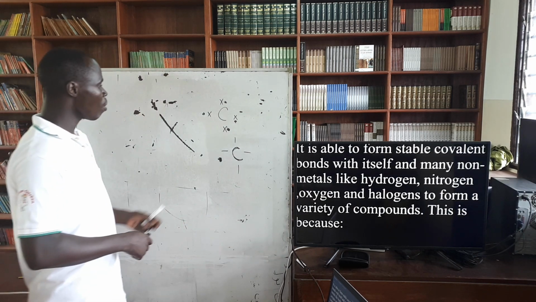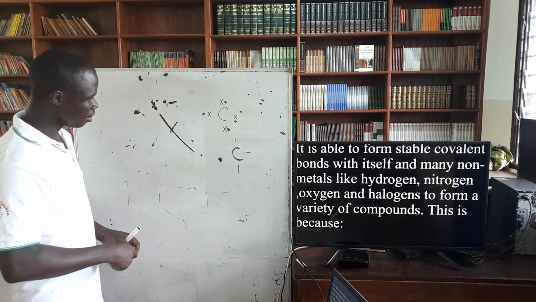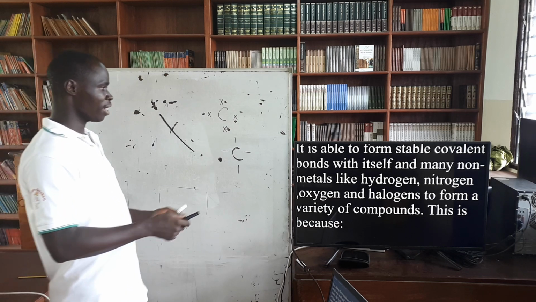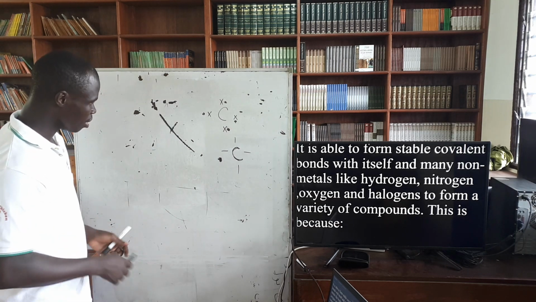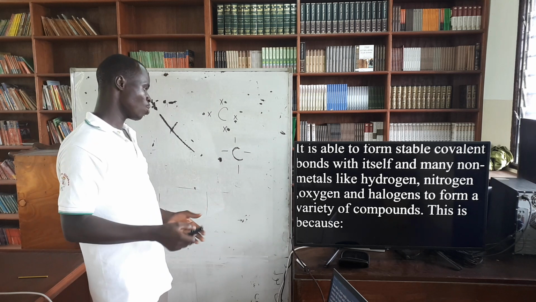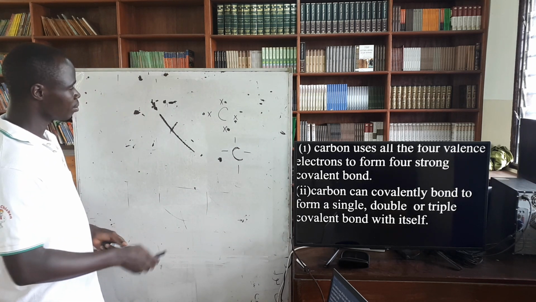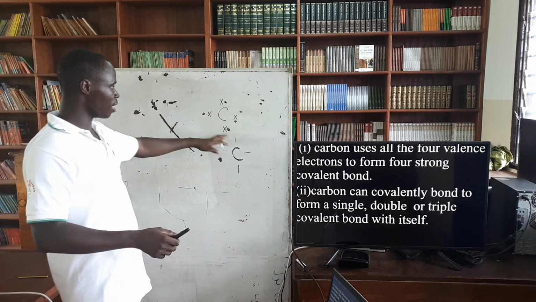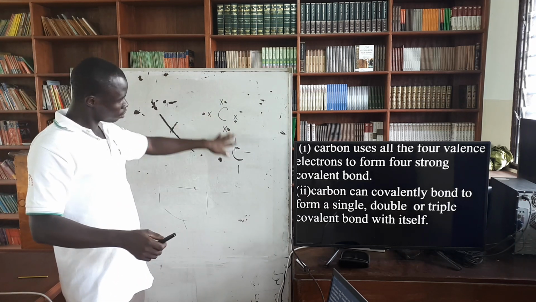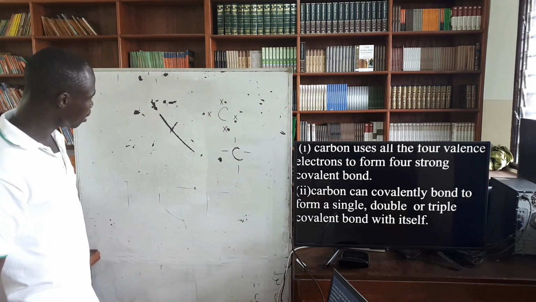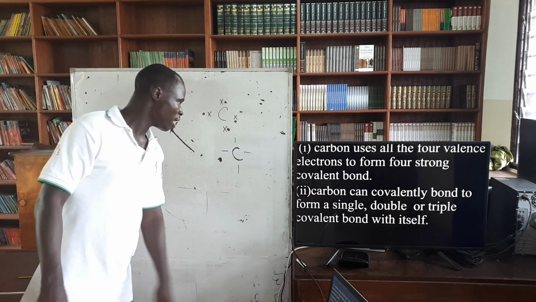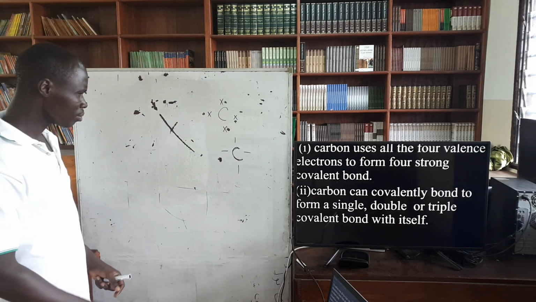It's able to form covalent bonds with itself and many non-metals like hydrogen, nitrogen, oxygen, halogens, forming a variety of compounds. It's because it uses all its valence electrons in bonding, forming strong covalent bonds.